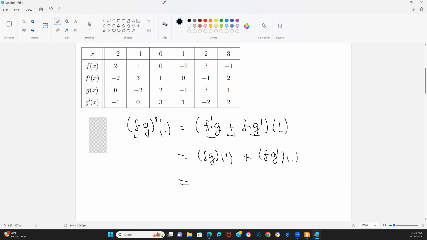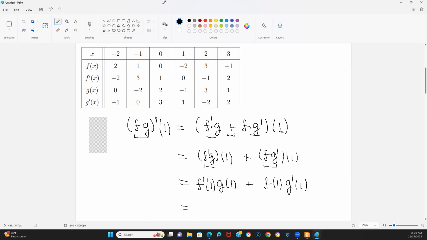And then finally we have this product right here, and this product right here. And to evaluate the product, you just evaluate each individual function and then take the product. So it's f prime of 1 times g of 1, and then this will be f of 1 times g prime of 1.